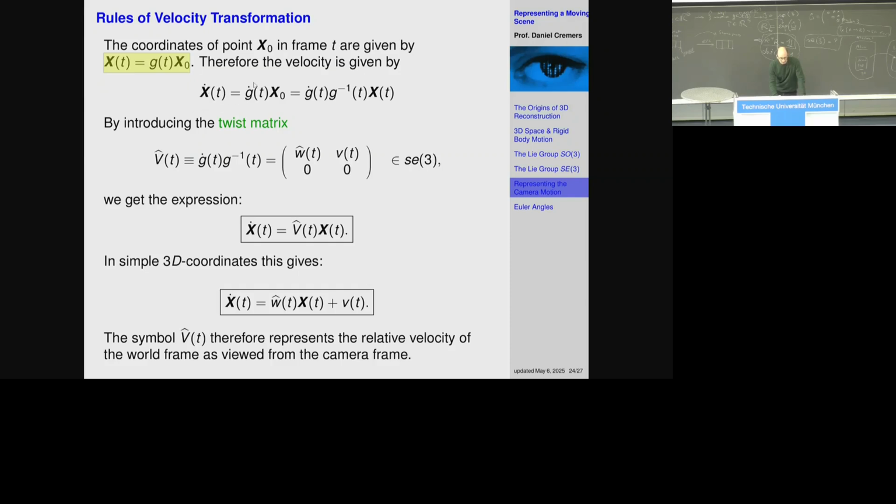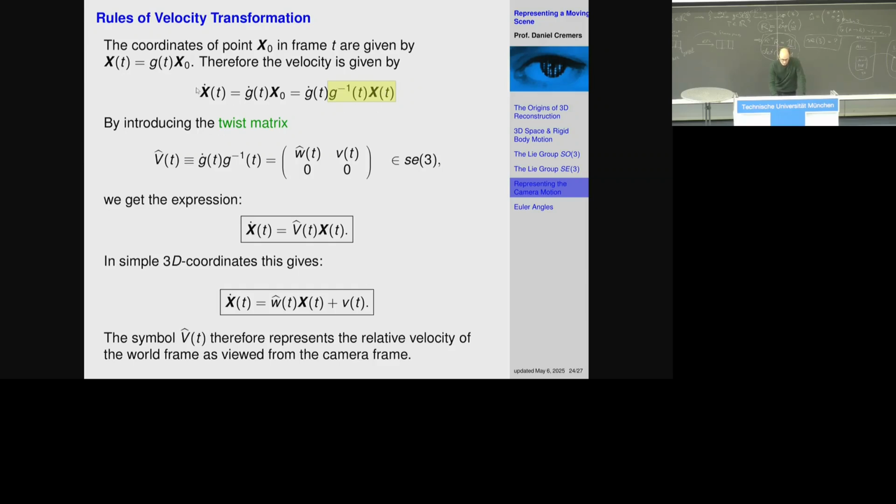And then that gives rise to this velocity. x dot is g dot times x0. And then we saw that g dot for these Lie group elements can be written, going back into the coordinates of the point in the current camera, as g dot g inverse times x.